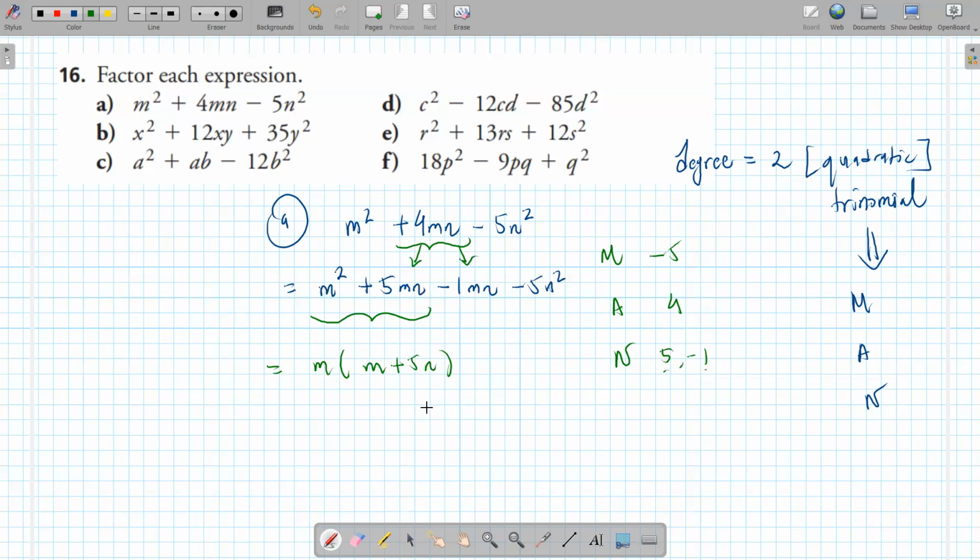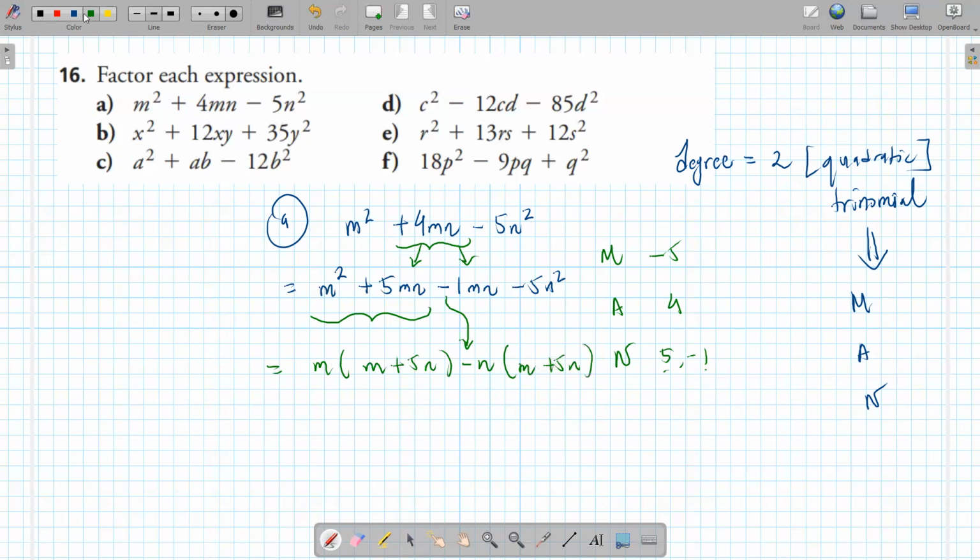N. Minus n. Whatever that sign is, that sign's going to drop. If there's a plus there, it's going to drop. If there's a minus there, it's going to drop. So you can pull out a minus n. What are you left with? M plus 5n.